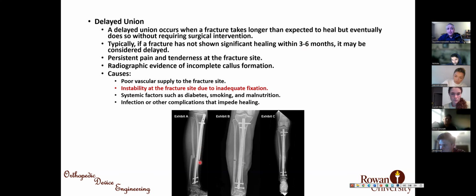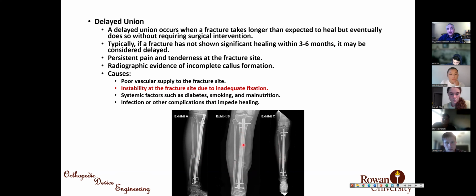So if by 6 months there is no progress in fracture union, we call it delayed union. And the most important reason for this delayed union is our technique. Either we have disrupted the vascular supply to the fracture site during the surgery, or our fixation technique is not adequate. So we have to revise our technique and get the fixation and get the union.